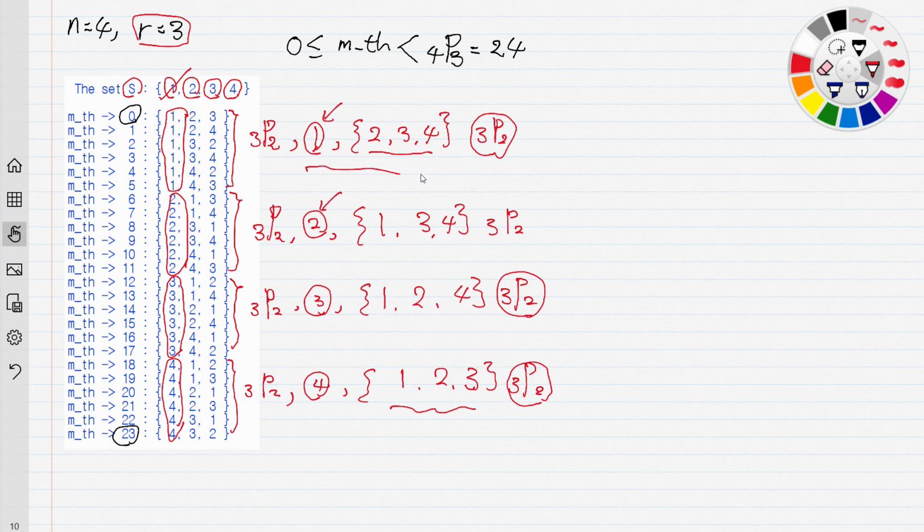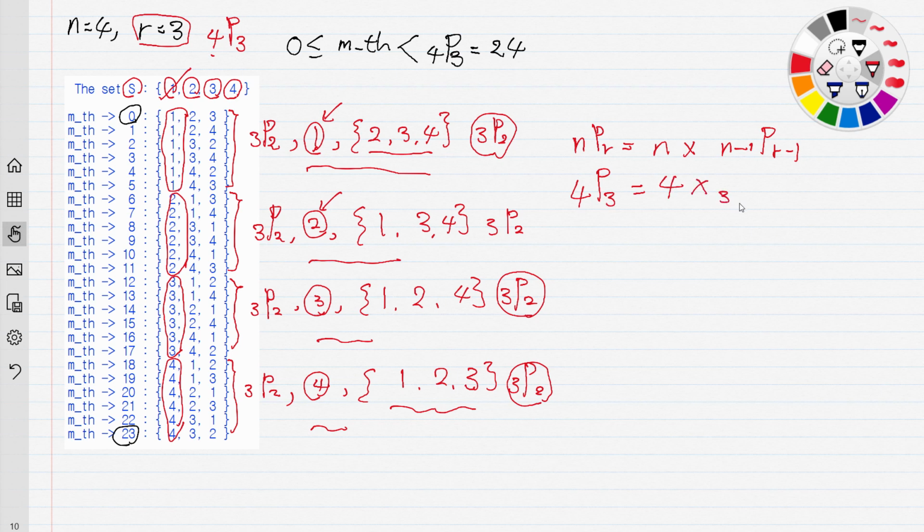How many of these? 1, 2, 3, 4. So nPr is n times (n-1)P(r-1). For example, we are computing 4P3. 4P3 equals 4 times 3P2.